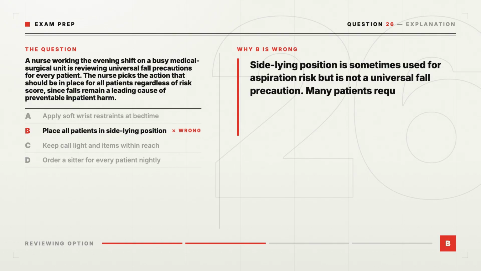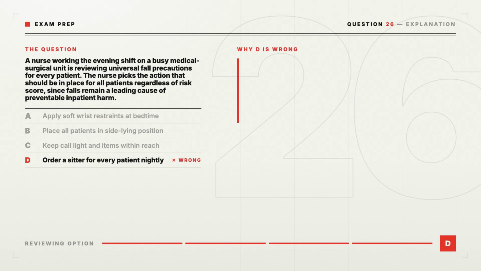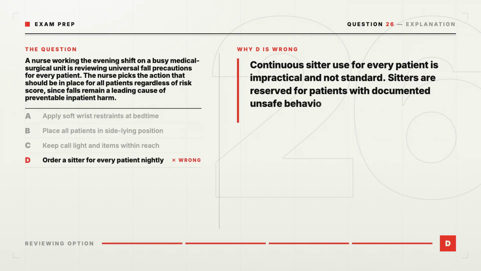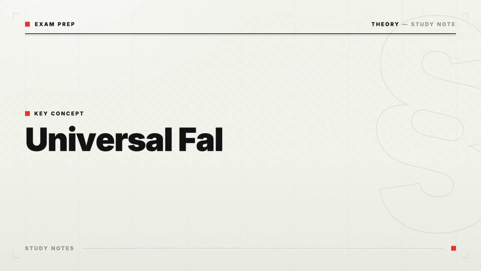Many patients require head-of-bed elevation or upright positioning, so this is not appropriate for everyone. D is wrong because continuous sitter use for every patient is impractical and not standard. Sitters are reserved for patients with documented unsafe behavior or impaired judgment, not as a universal precaution on the unit.